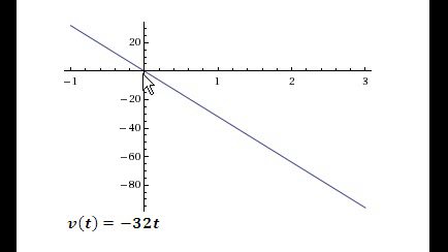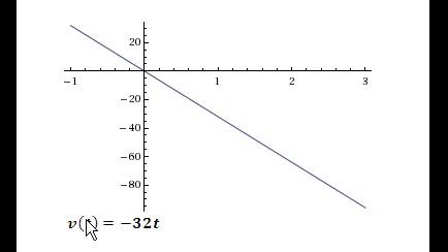As you can see, at time 0 it's 0, but then the graph is below the x-axis, because the velocities are all negative, and that tells us that it is falling when it is negative.